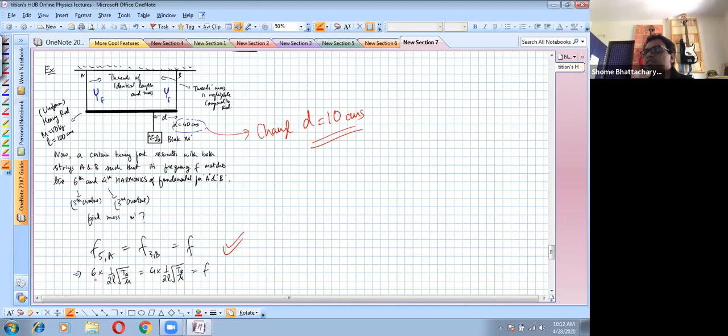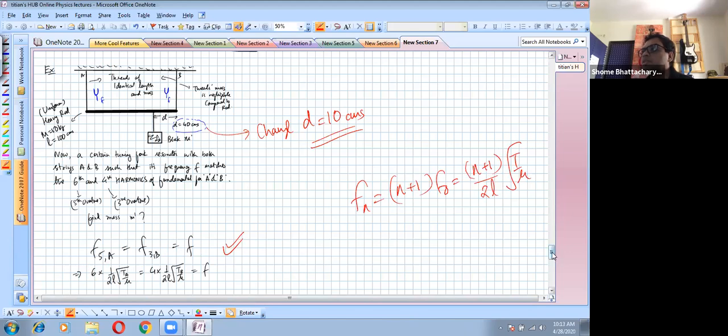So fifth overtone is the sixth harmonic of the fundamental. So we are using this formula that the nth overtone is n plus 1 times the fundamental, or the (n+1)th harmonic, or (n+1)/2L square root of T by mu. This formula we are applying to both of these simultaneously.